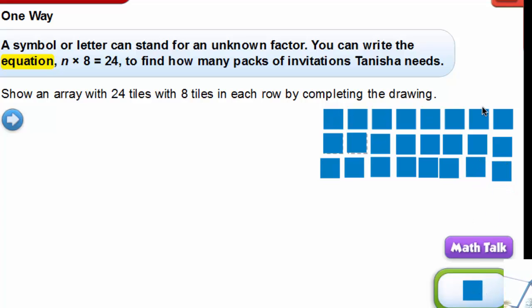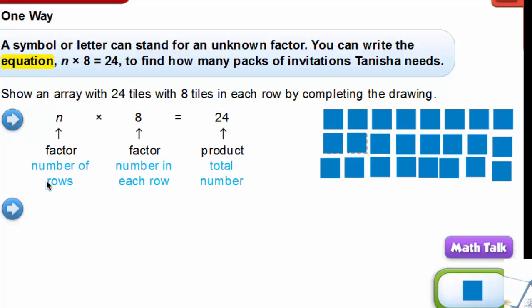All right, so we have 8 and 8 is 16, and then the third row of 8 is 24. We've used 24 in this array, showing 8 in each row.